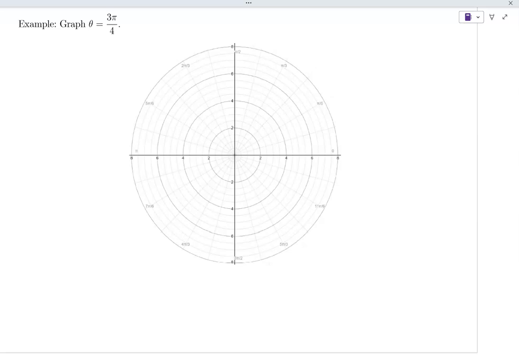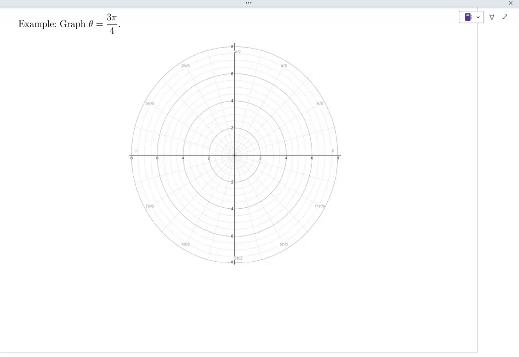Notice on our polar grid we've got all of these rays coming out from the pole, from the origin. Those are all 15 degrees apart, or pi over 12 apart. You can see the pi over 6 and the pi over 3 is labeled. The one in between is pi over 4. So if we go to theta equals 3 pi over 4, that's this ray here.